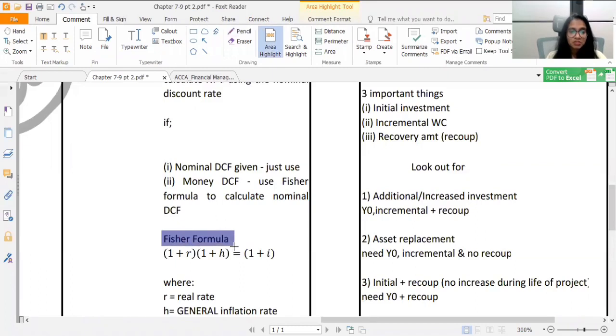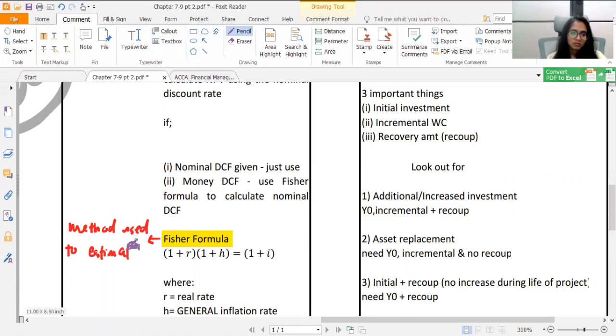Okay, guys, I just want to remind you that the Fisher formula is a method used to estimate the nominal discount factor. So hold on, let me write it first. The nominal discount factor.